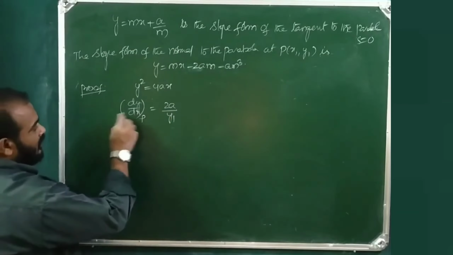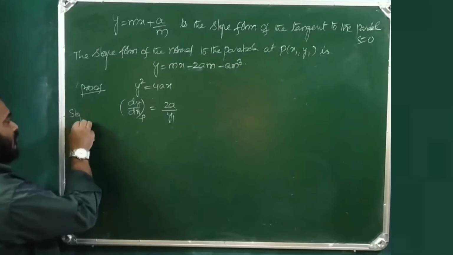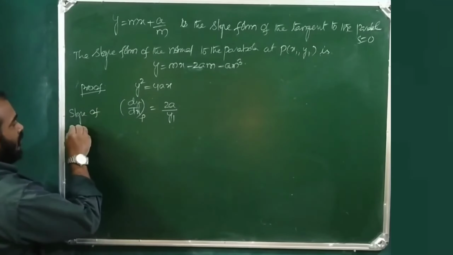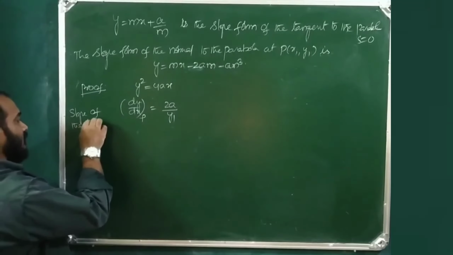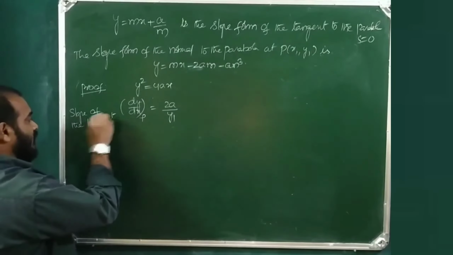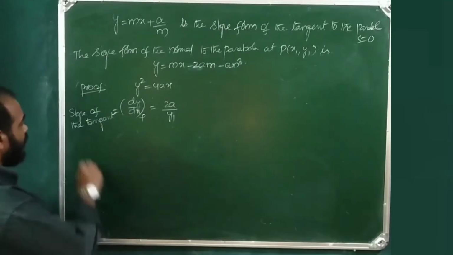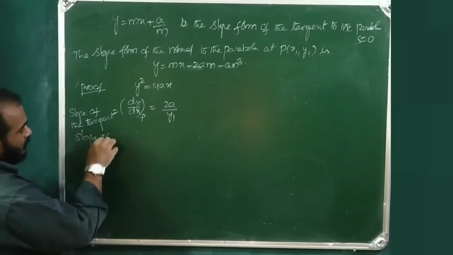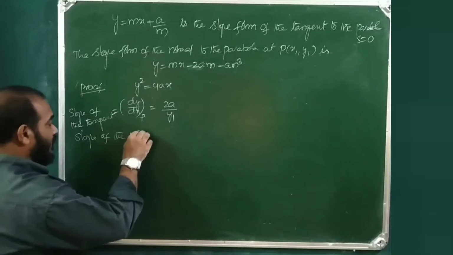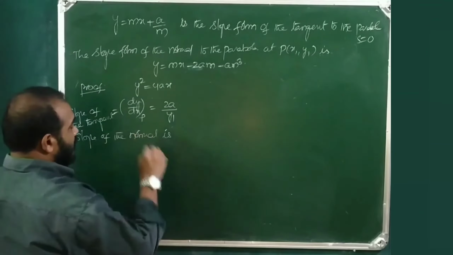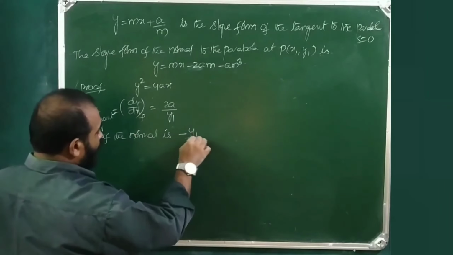So this is the slope of the tangent. What is the slope of the normal then? The slope of the normal is minus y1 by 2a.